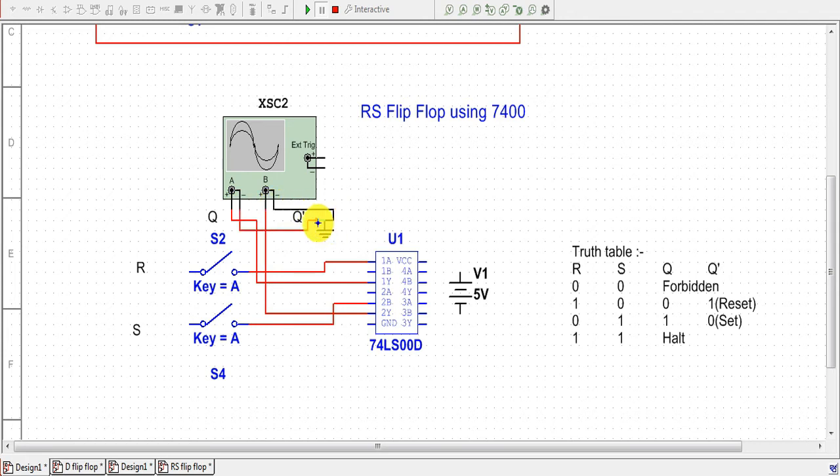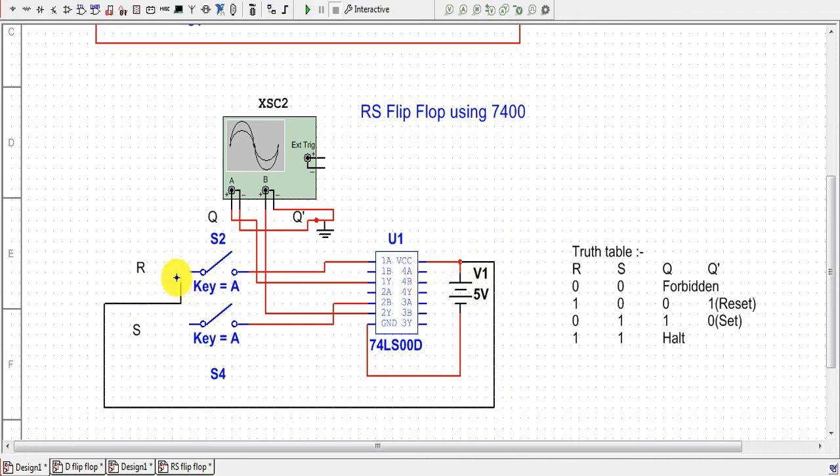Now we will connect the power supply, that is, the 14th pin is connected to the 5-volt power supply and the 7th pin is connected to the ground. Now we will also connect the switches with the 5-volt power supply in order to provide the signal to the flip-flop.